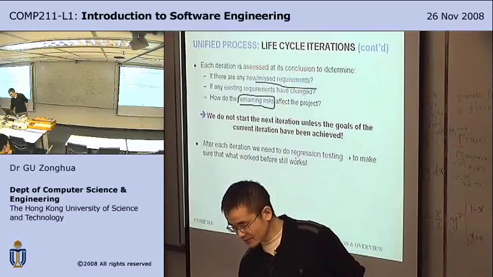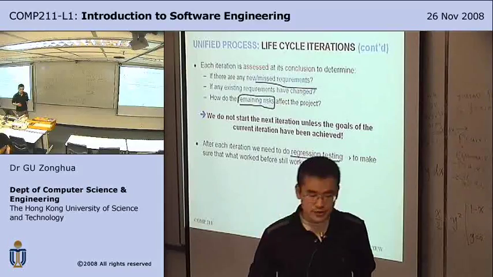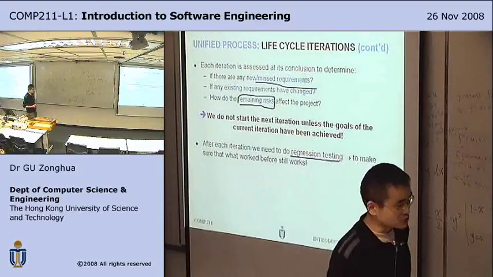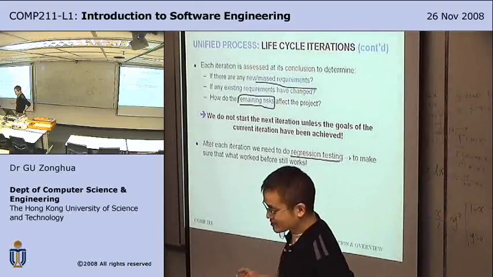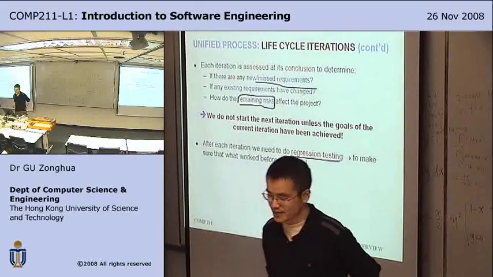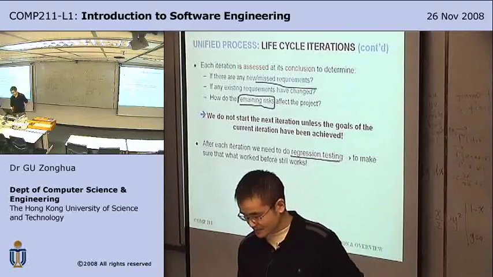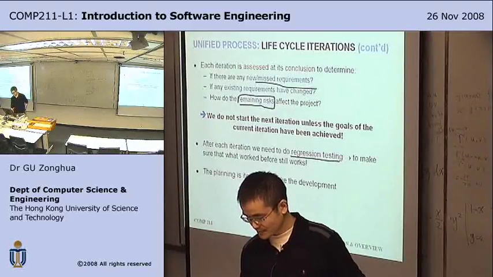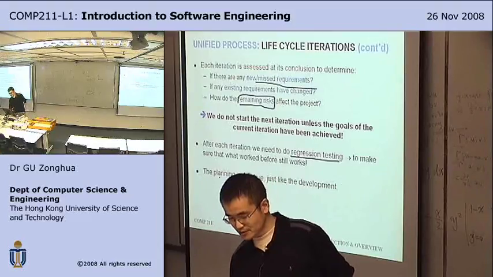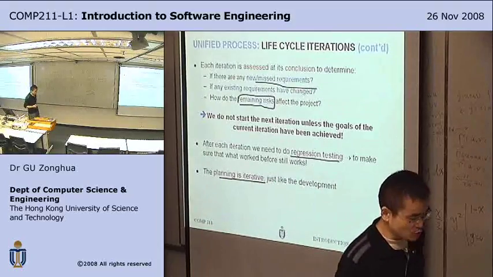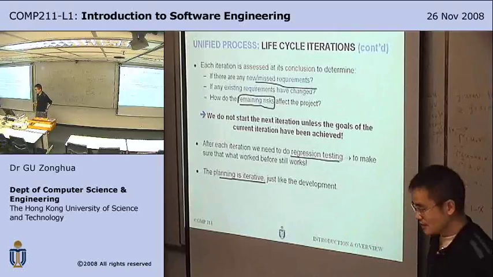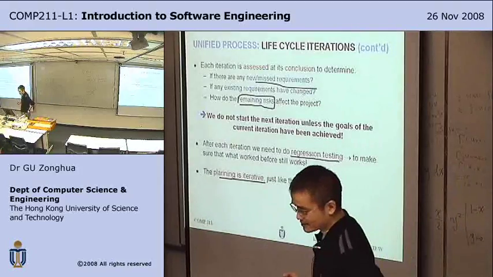Regression testing. At the end of each iteration, we discuss regression testing is to test the old functionality to make sure that your new updates do not break any old functionality. So planning is iterative, just like development. So we discussed the planning in the project management software development plan.